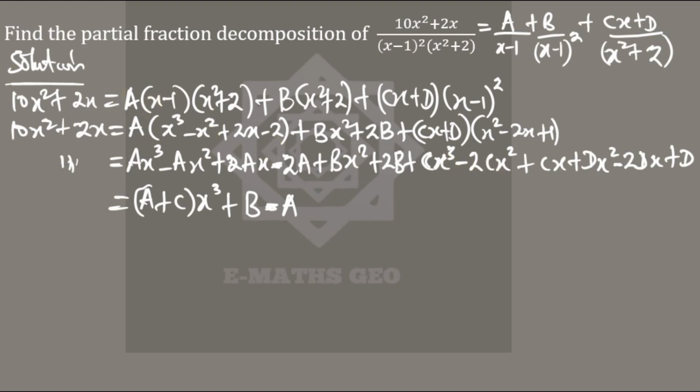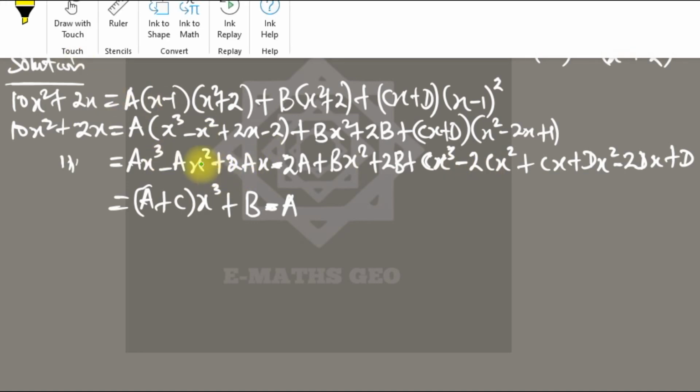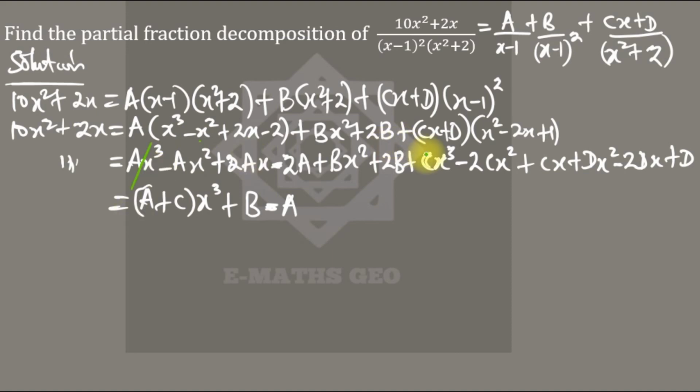Let me cancel out so that it will be easy. For x squared, we are left with B, minus 2C, plus D. So we are done with x squared.